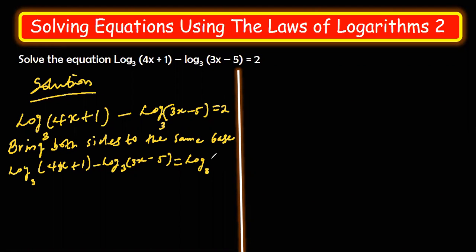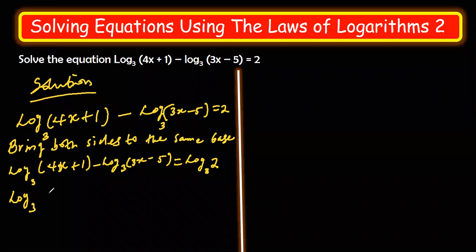So we have our 2 here. After doing that, we should know that this log 2 in base 3 is going to be log 9 by applying the law of logarithm. Therefore, we are going to just pick one log since they have a common base.